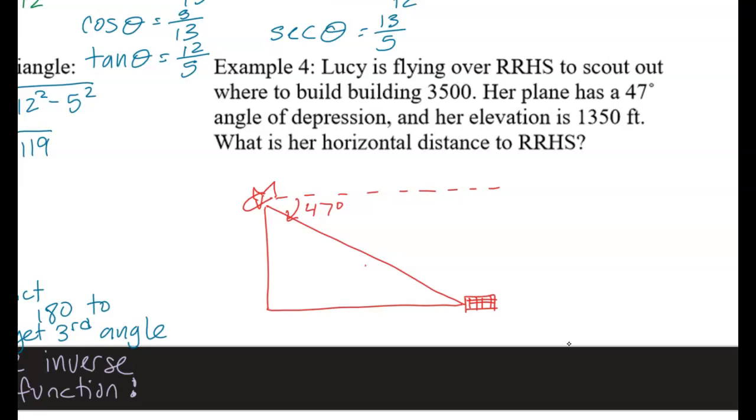Where should I put 1350 on this? Yes, exactly. Her elevation is like her height to the ground. So it's right here.